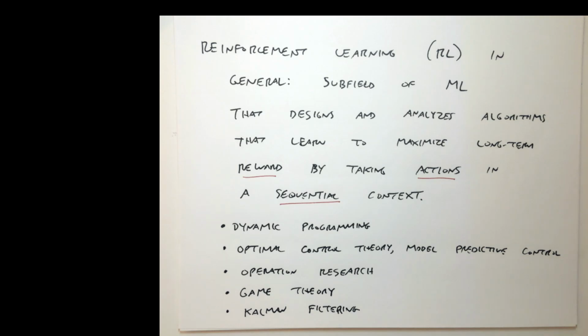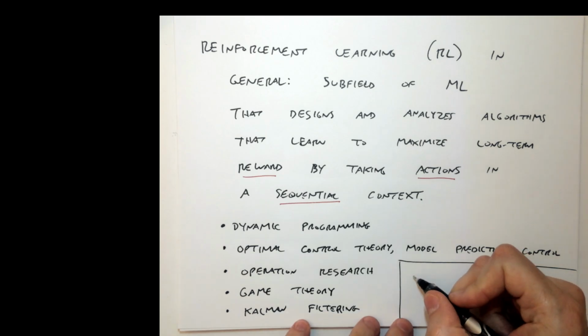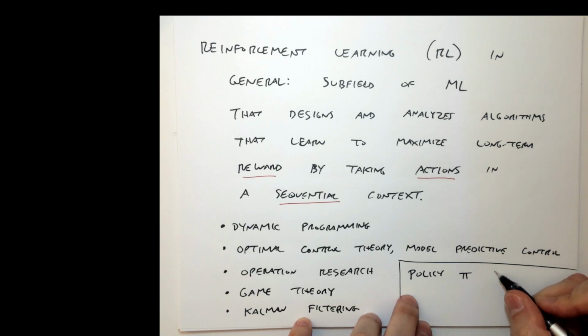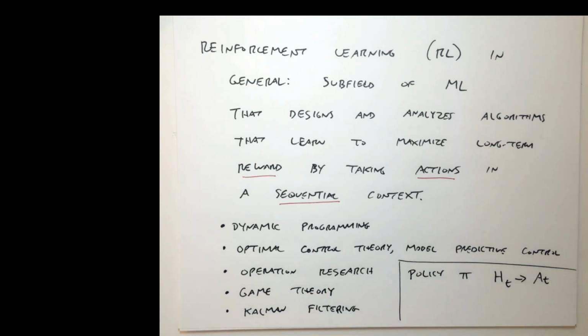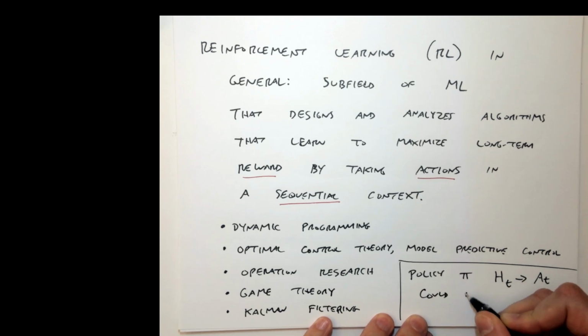And again, this probably seems totally different from any of the stuff we've talked about so far. But let me just say that it's not that different in the sense that, for example, this policy, pi, is basically a function that goes from the history that I have now to an action. That's like an algorithm: the input is history, the output is an action, and this policy could be a deep neural network, for example.